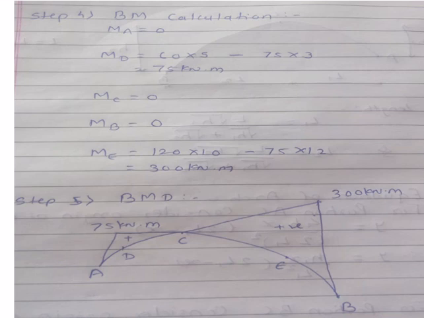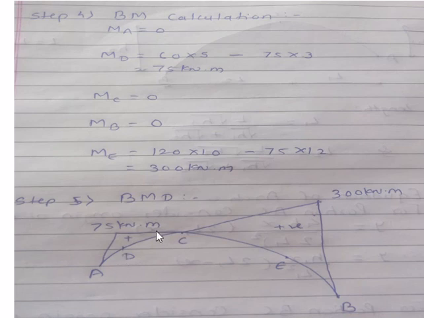Similarly, we can calculate the bending moment at point E. For that, bending moment at E is VB into 10 minus H into distance. So you will get moment at E equal to 300 kilonewton meter. With the help of this bending moment calculation, we can easily draw the bending moment diagram.